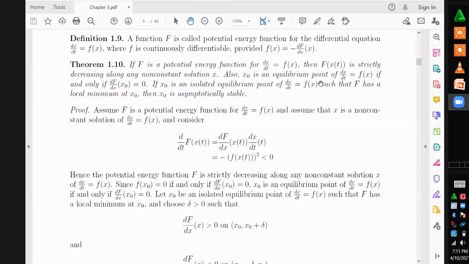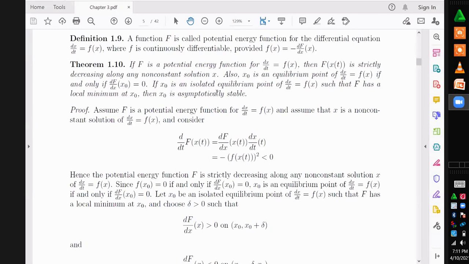Also, x naught is an equilibrium point of dx by dt is f of x if and only if dF over dx at x naught is 0.